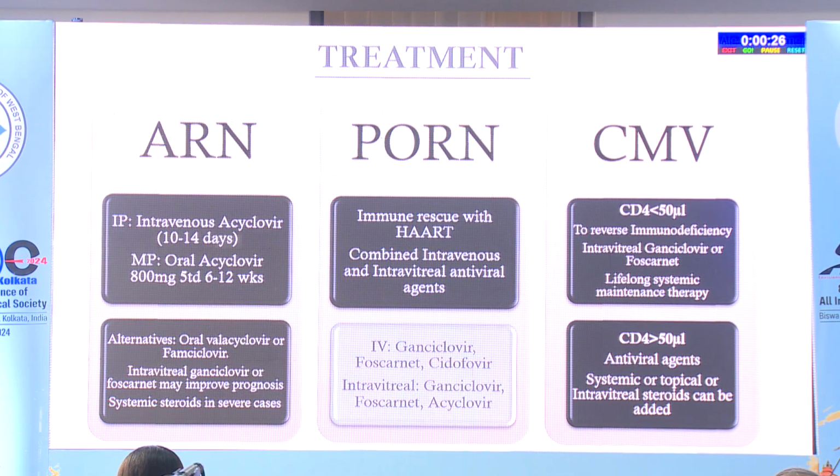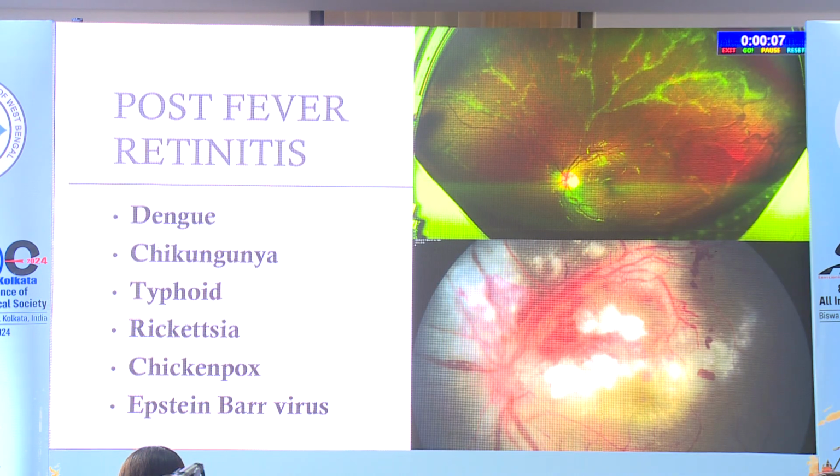I don't want to go into the details of the treatment. ARN is treated with intravenous acyclovir with intravitreal ganciclovir, and PORN likewise. And CMV is intravitreal ganciclovir followed by oral valganciclovir.